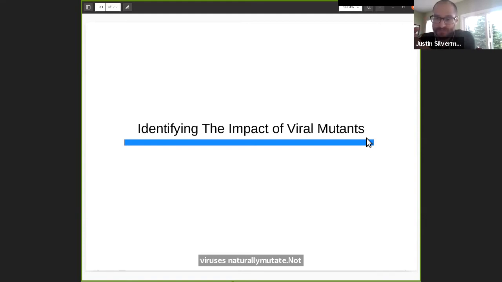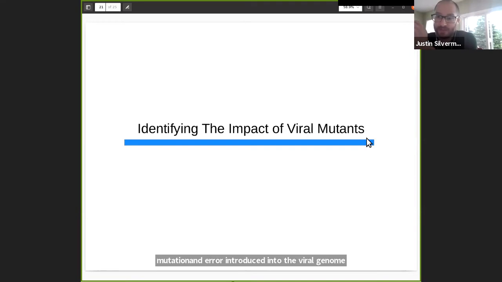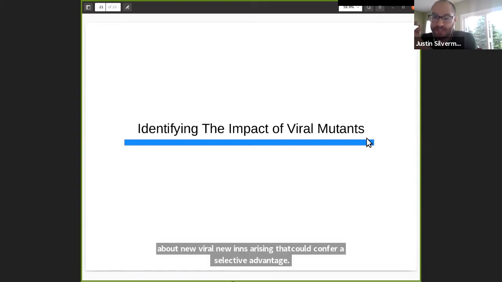They're just mutation and error introduced into the viral genome because the replication is not 100% perfect. However, there had been, and there still is, a lot of concern about new viral mutants arising that could confer a selective advantage. New viruses that could evade a vaccine, for example.